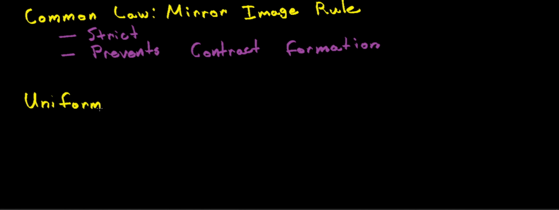And that sort of gives you a preview for what is a different approach that's taken by the Uniform Commercial Code, the UCC, because the UCC did not adopt the common law mirror image rule, and instead has its own approach to dealing with counteroffers, where counteroffers can be in their own bucket.